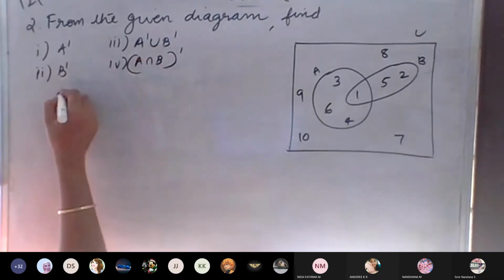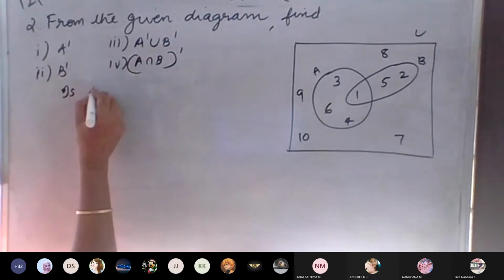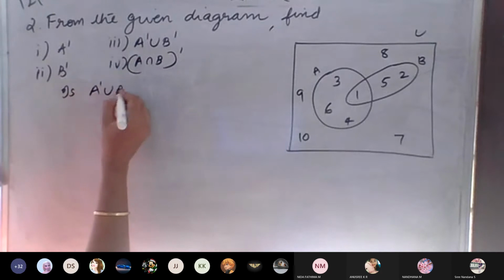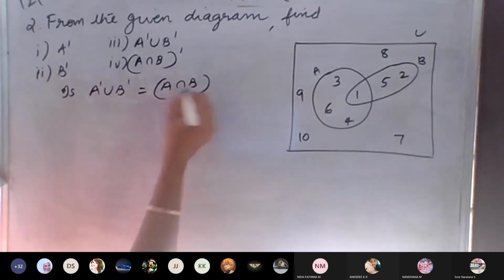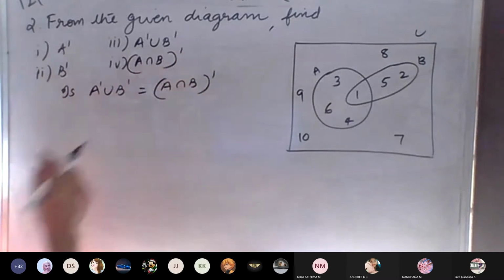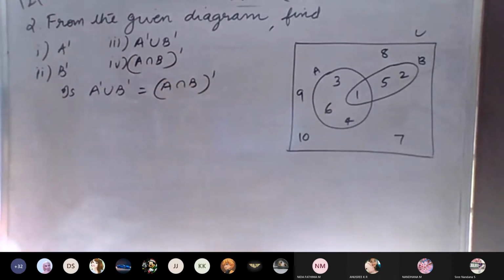Then after this we have to check whether A complement union B complement is equal to A intersection B whole complement, whether these two answers are same or not. That we have to check.